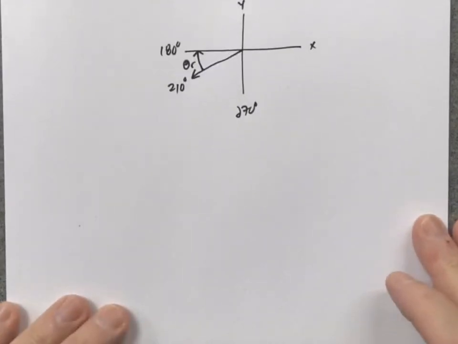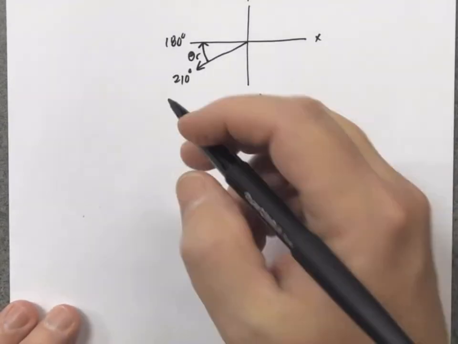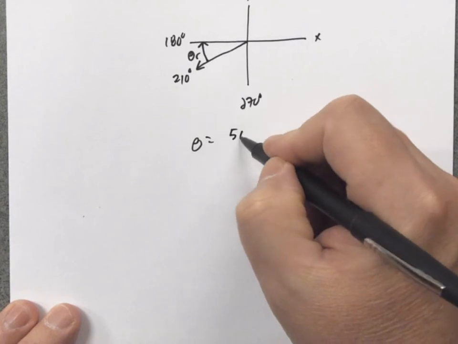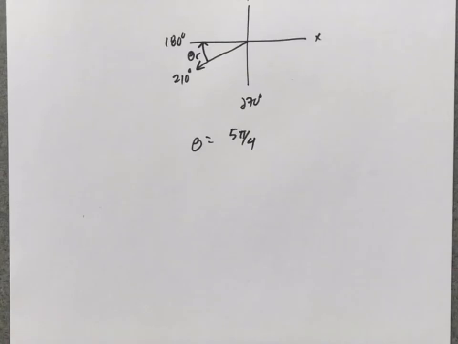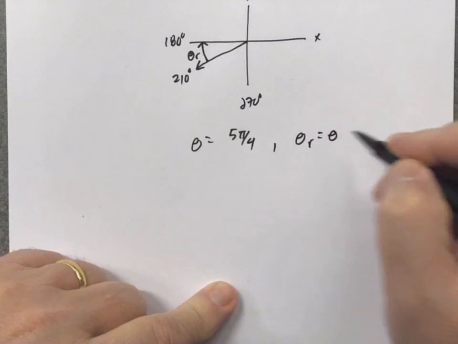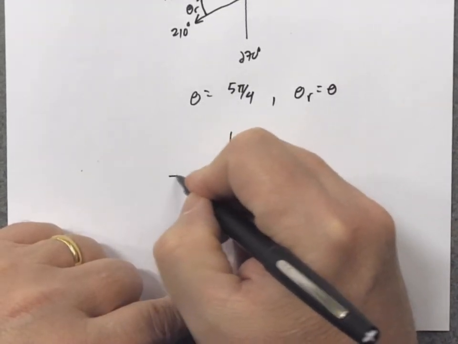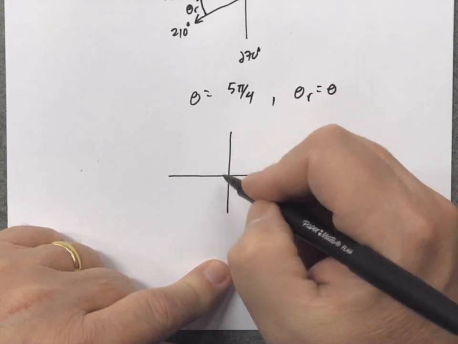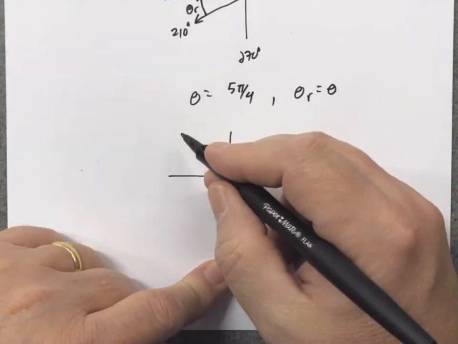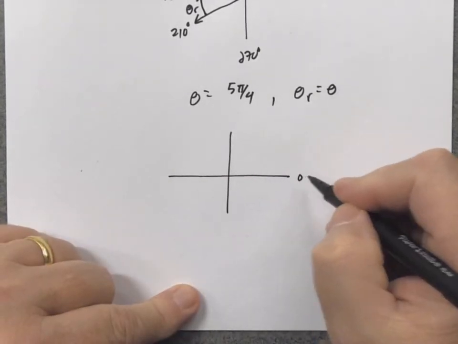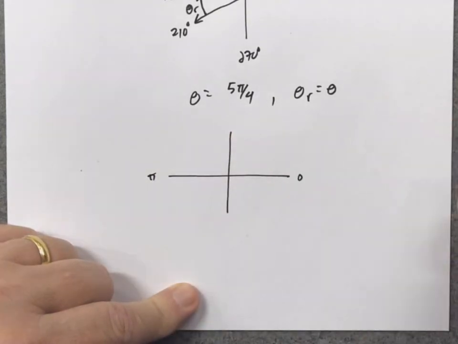Let's do a couple maybe in radians, a little more interesting. So how about if we have a 5 pi over 4 angle, and we want to get the reference angle. Turns out 5 pi over 4 is right down the middle of the third quadrant, because if this is 0, this is pi.